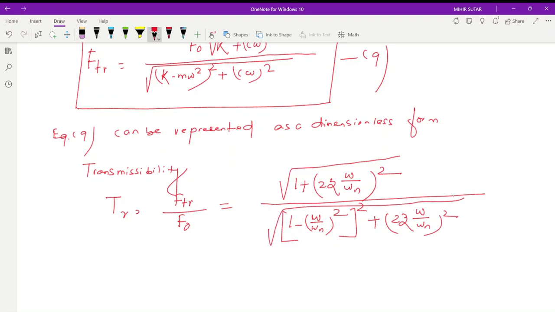This is the transmissibility equation 10.